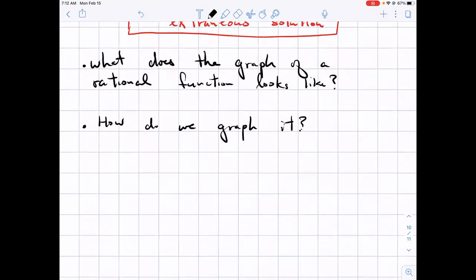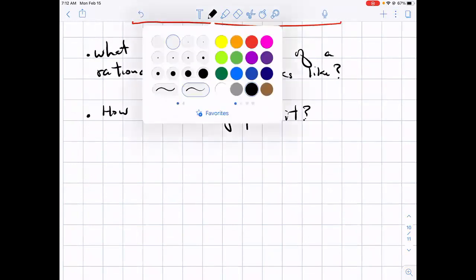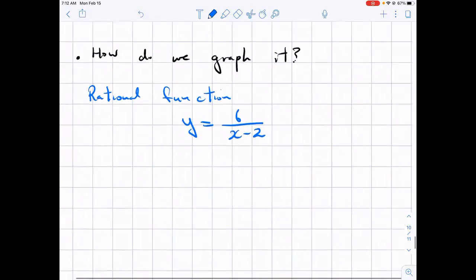Well, if I give you a rational function, right? An example of a rational function would be, for example, y is equal to 6 over x minus 2. That's an example of a rational function.